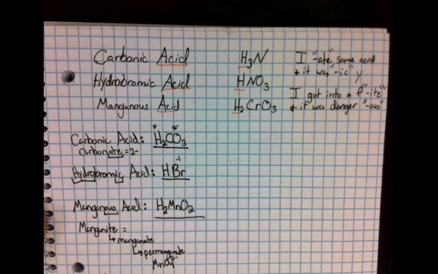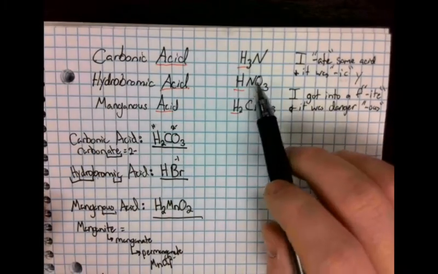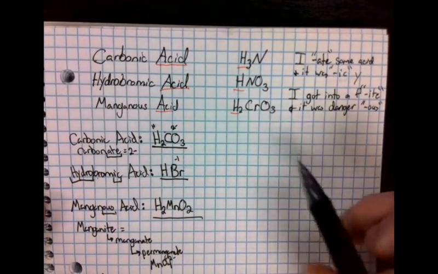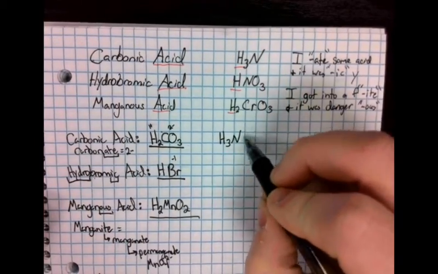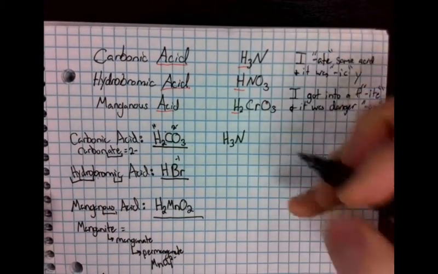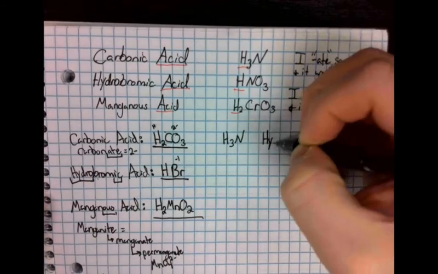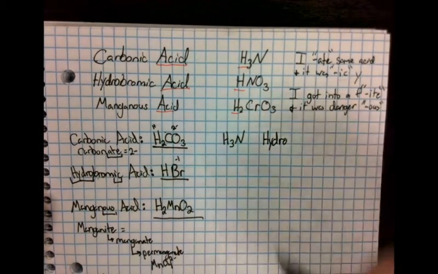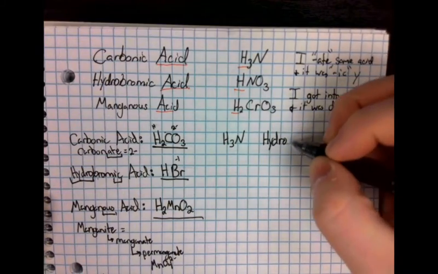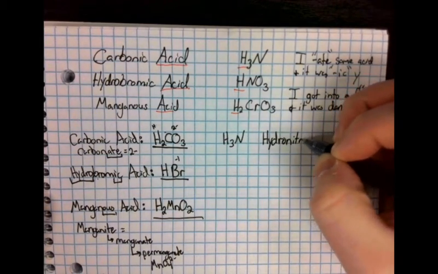Okay, now for our next example, we're going to go from formulas to names. So first we have H3N. Notice that N ain't got no O's, and that means we're going to name it with hydro. And then we change it to blank-ic, so instead of being nitrogen, it would be hydronitric.